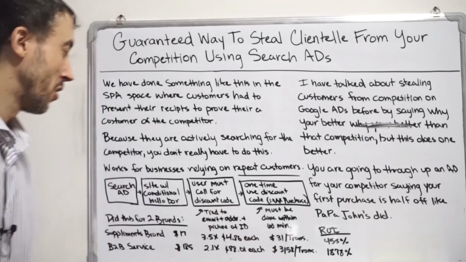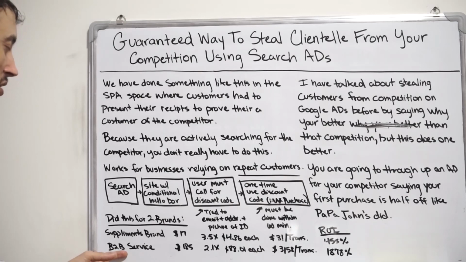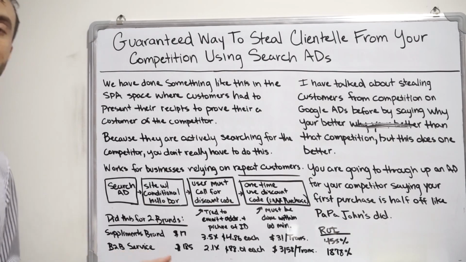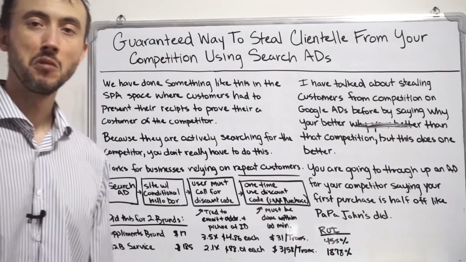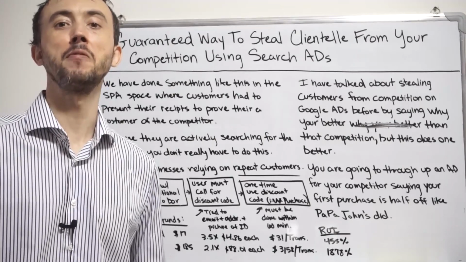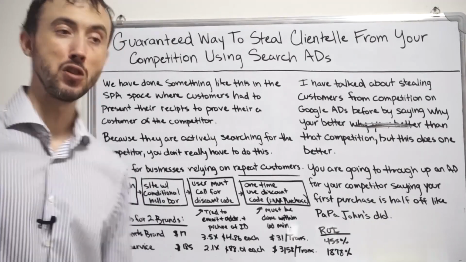So in the second situation, the client where we worked this system, as I mentioned to you here in this video, it was a specialized B2B service that people usually get multiple times because they need to refresh their data, their information.